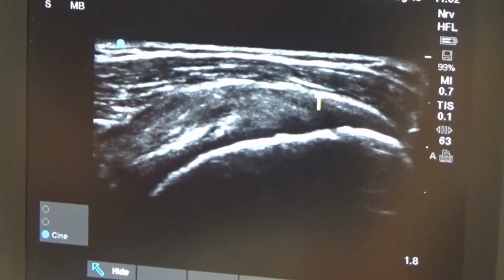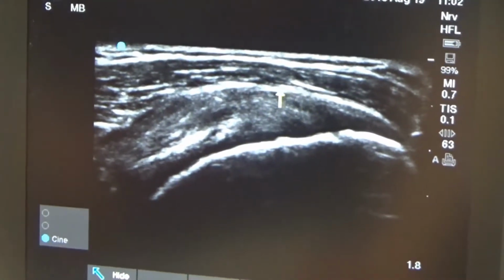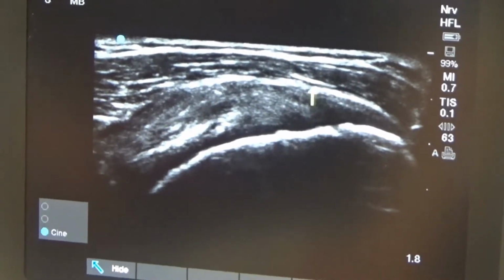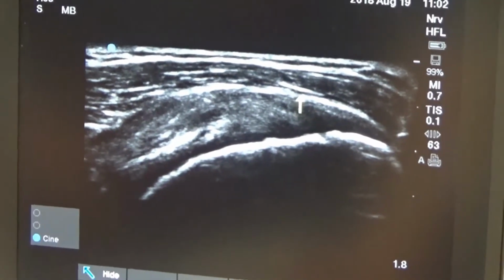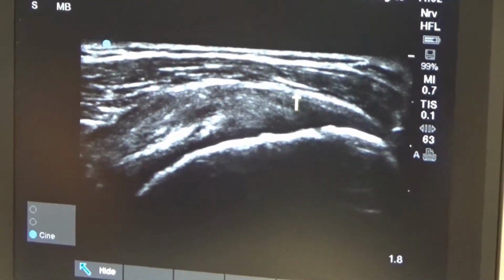This area is where you will find the bursa, and we will be injecting this bursa at the end of the procedure. So this is a nice picture of the longitudinal view of the supraspinatus tendon.